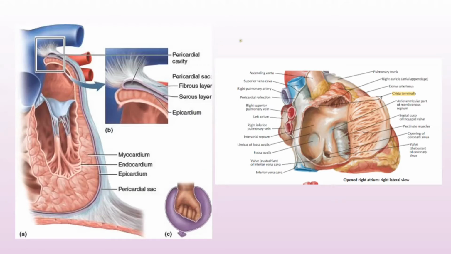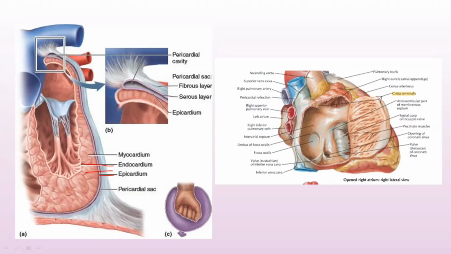Now look at the first picture, which is showing the layers. The outer one is epicardium, then middle one is myocardium, and this last one is endocardium. This is the second picture which is showing the crista terminalis.